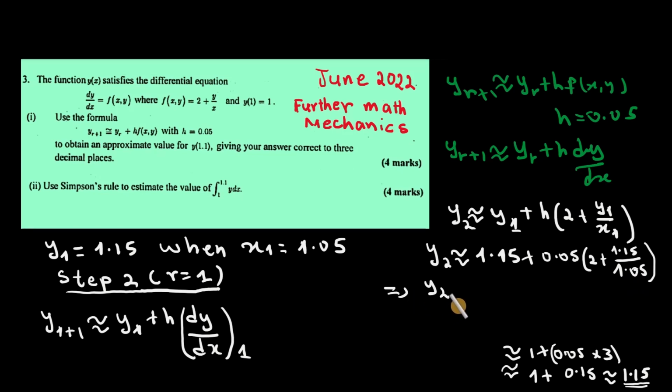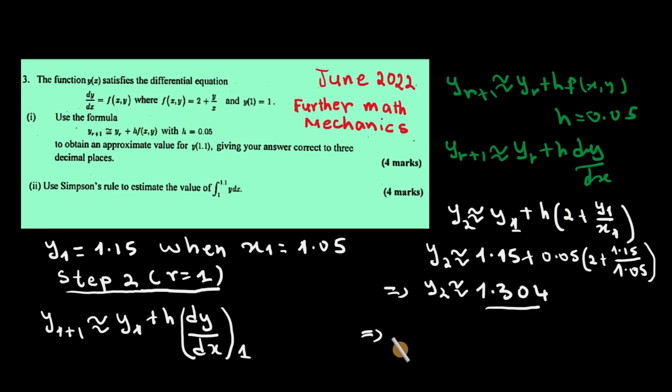That means y2 is approximately equal to 1.15 plus 0.05 times (2 plus 1.15) divided by 1.05, which is equal to 1.304. That means y2 is equal to 1.304 when x2 is equal to x1 plus h.